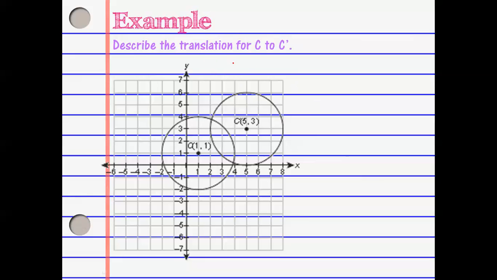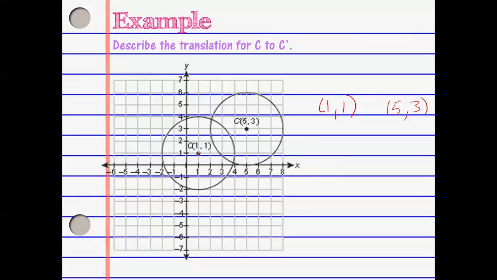So here we want to describe the translation from circle C to circle C prime. Our original center is (1, 1), and our translated center is (5, 3). Here we want to talk about the x direction first. Remember, x goes left and right.